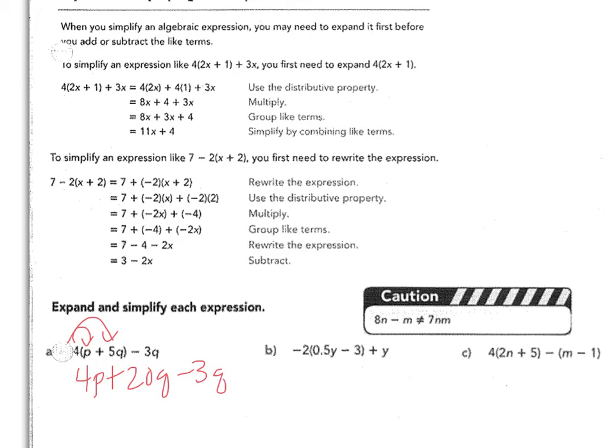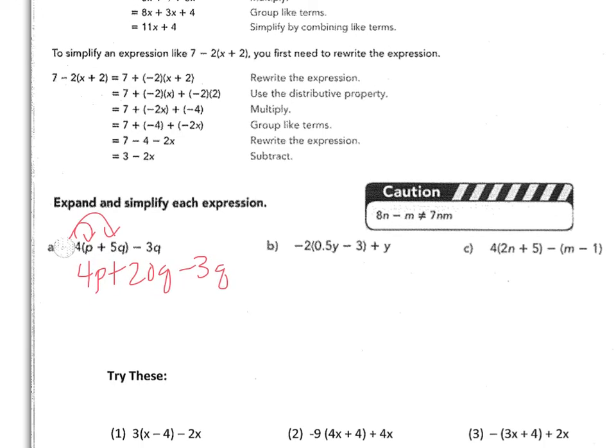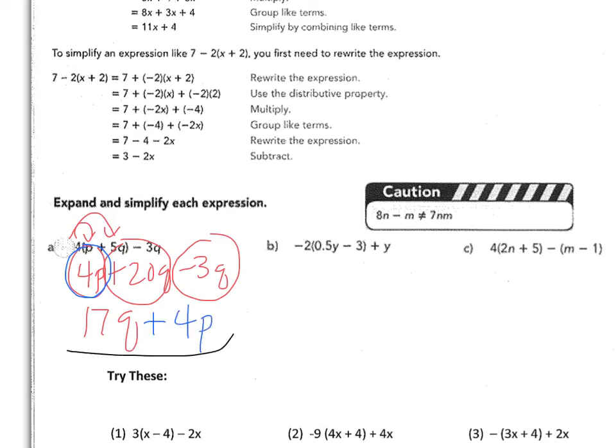Okay, so now I need to combine my like terms. Let's do this. 4p is going to be blue. 20q and negative 3q are going to be red. 20 minus 3 is 17q. And since 4p has no buddies, we just bring it down, just like we've been doing. So my answer is 17q plus 4p.